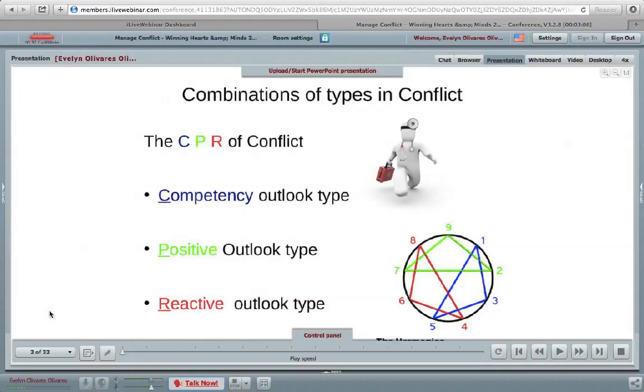We have 1, 3, and 5, the perfectionist, achiever, and observer, all competency-based outlook. We have the 2, the nurturer, the 7, the innocent adventurer, and the 9, the peacemaker or the harmonizer, as positive outlook types. And we have the 4, the creative, the 6, the questioner, and the 8, the reactive types.